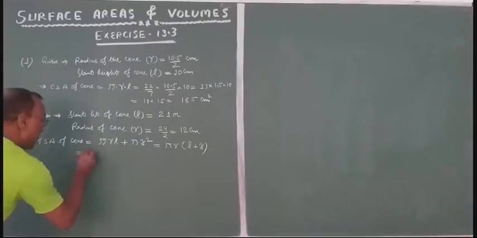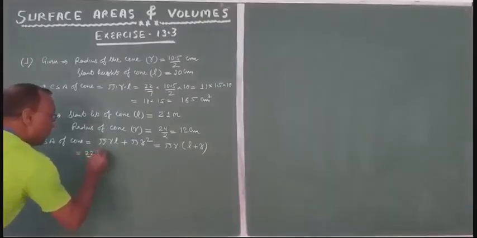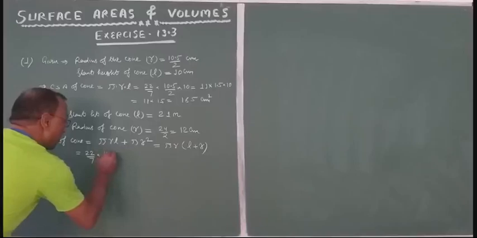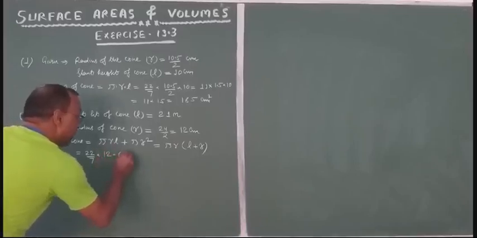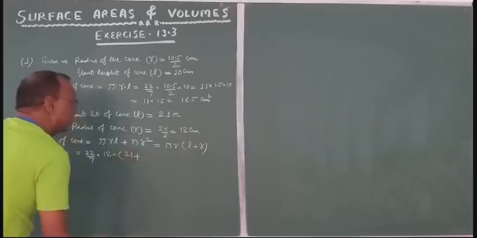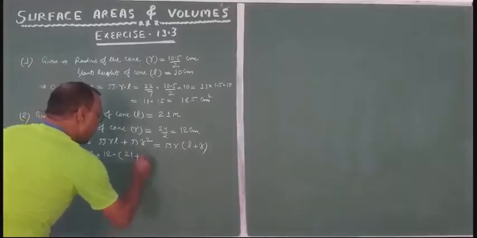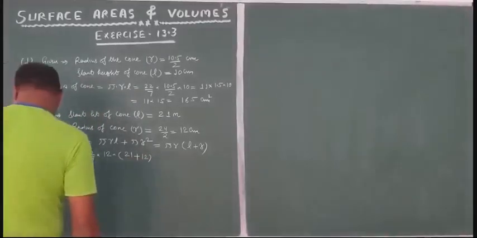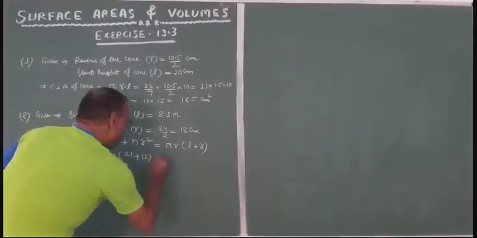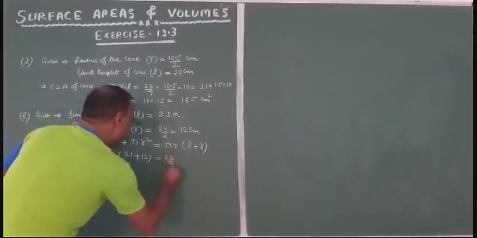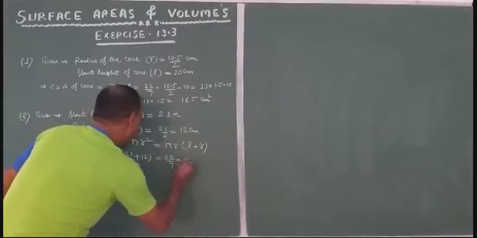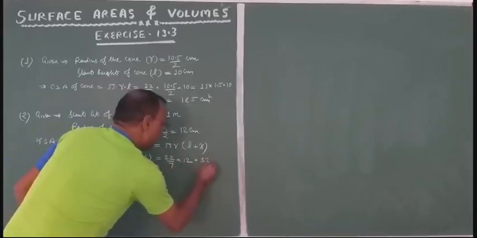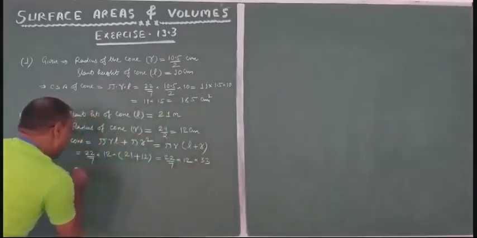Pi is 22 upon 7 into R. R is given how much? 12 centimeter, and inside the bracket L is given 21 and plus R is again 12. 21 plus 12. So this will be 22 upon 7 into 12 into 21 and 12, 33. Just multiply them.